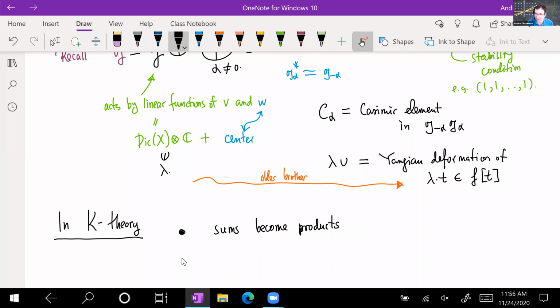Sorry, there's one point I forgot to make. I'll make it. And then roots of G would be promoted to roots of G hat. So that is to say G tensor polynomials.